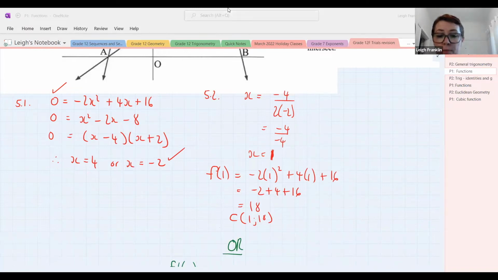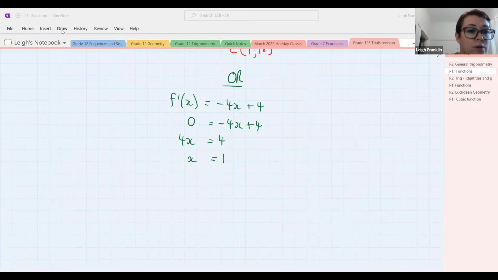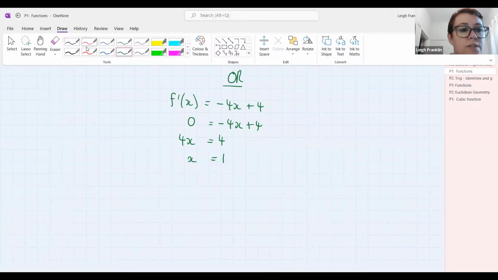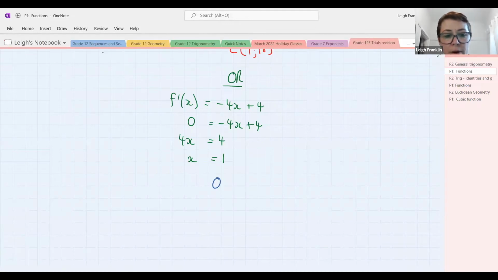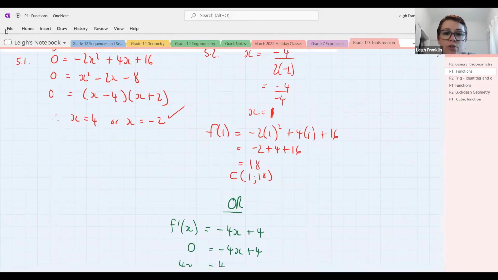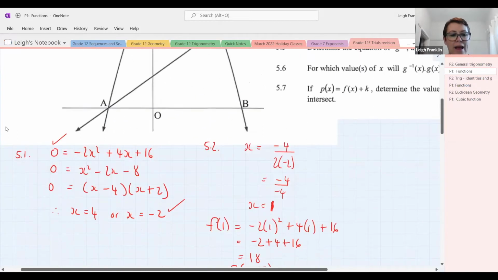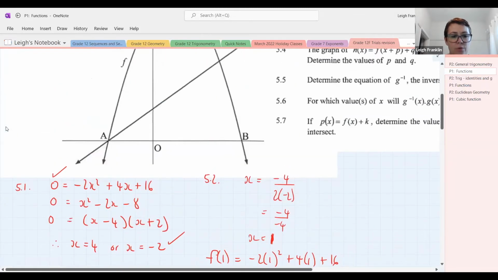Okay. Your other option here, yes, Matalo, good. Your other option here as well, Matrix, just in case they do ask, well, not in case, I'm sure they probably will ask you this. The other thing that you can do, let's just do this one in blue, is you can use midpoint formula. So in other words, the x coordinate at the turning point is going to be midway between A and B. So we know that at A, x was equal to negative 2.